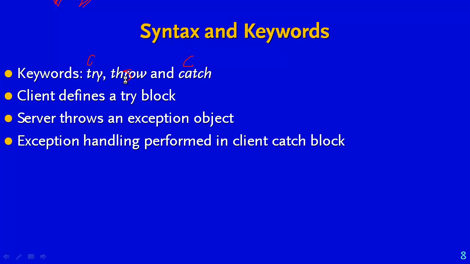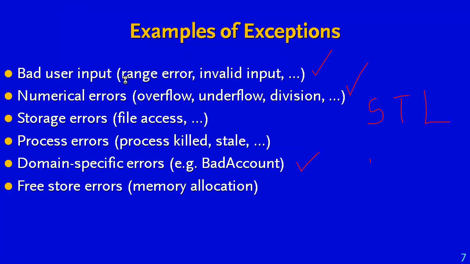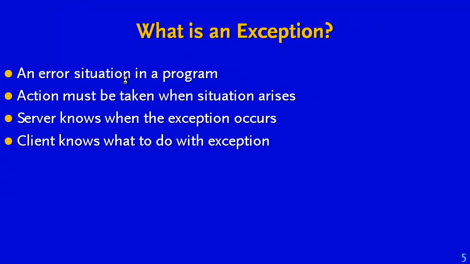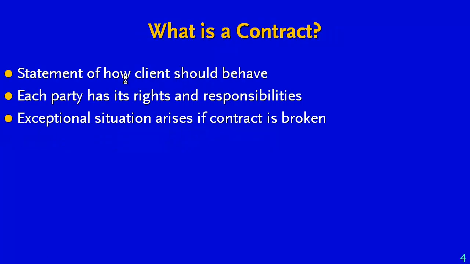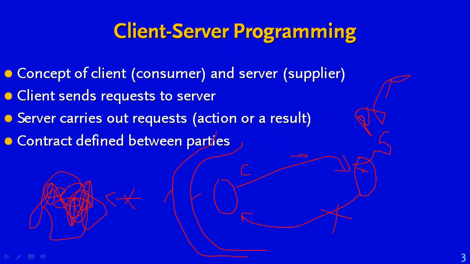So let me go back to my diagram again and do it visually. So here we're back in my diagram. Okay, it's getting a bit cluttered. In the code of the client, he does a try. You'll see this in a moment. You try some piece of code.